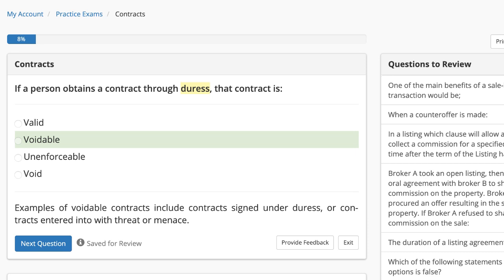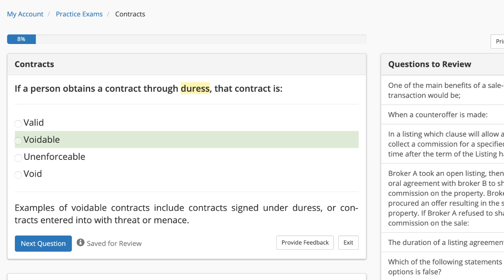So a valid contract has all four essentials, and those four essentials are mutual consent, lawful object, consideration, and capable parties. Okay, so a valid contract is all four essentials.